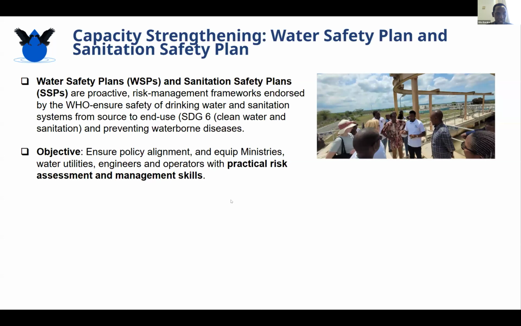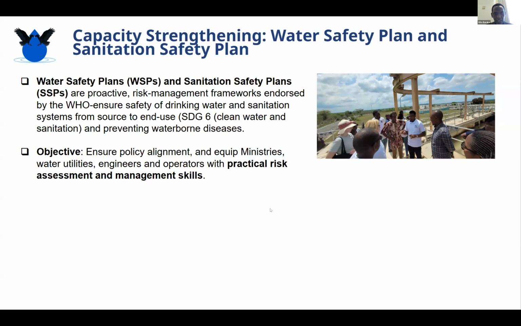And the other thing is the integration of climate resilient water safety plans that will also help to mitigate some of the risk due to climate change and maybe contamination from other sources such as agricultural runoffs into the drinking water.